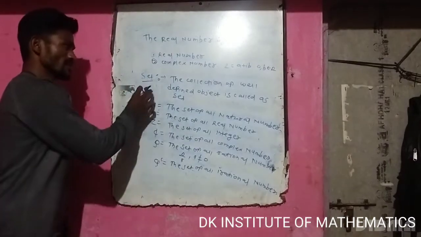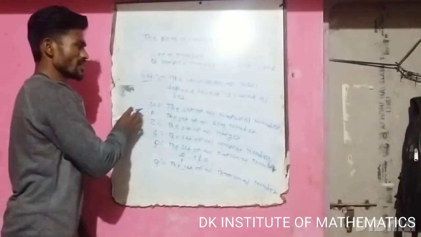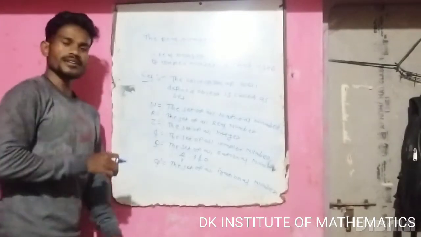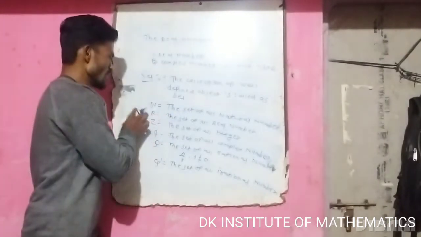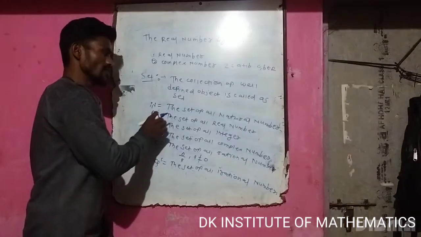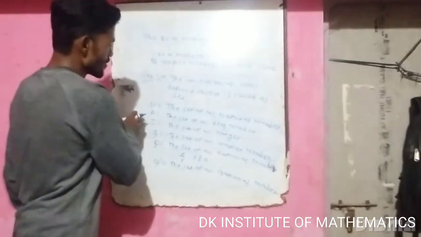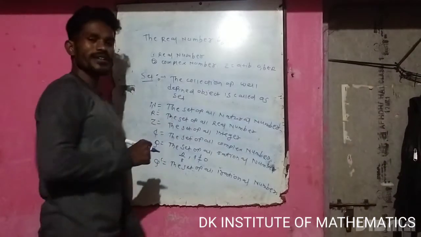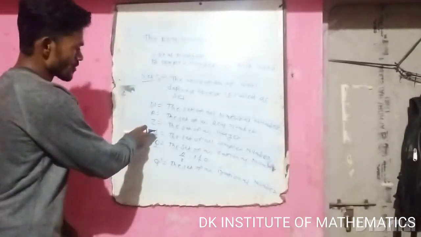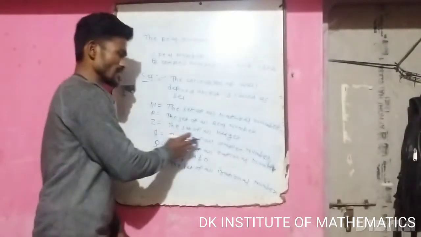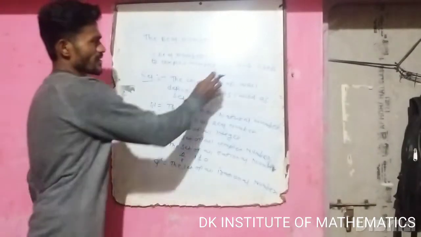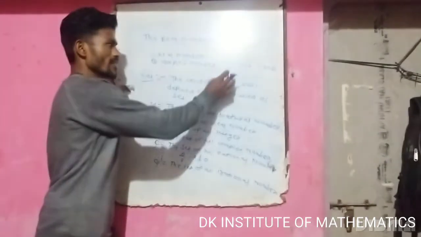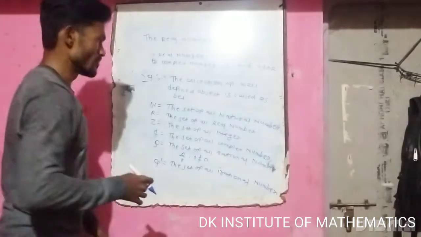In general, the specific sets can be written with capital letters. Capital N, the set of all natural numbers; capital R, the set of all real numbers; capital Z, the set of all integers; and capital C, the set of all complex numbers, where a complex number is written as z equals a plus ib, with a and b real numbers.